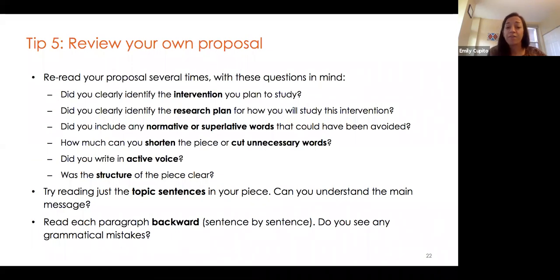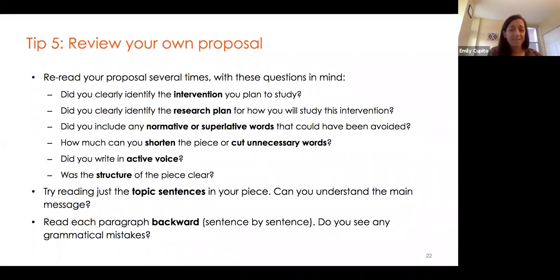So next, I strongly encourage you to review your own proposal in much detail. When I write something, especially something that I'm going to submit, I will spend 20 or 30% of my time drafting the language in that proposal, and the remaining 70 to 80% of the time reviewing it.